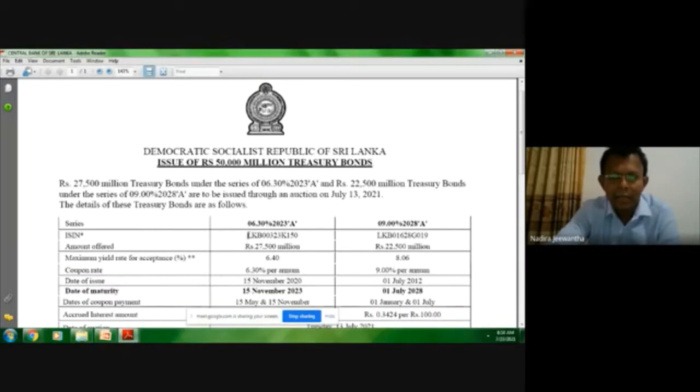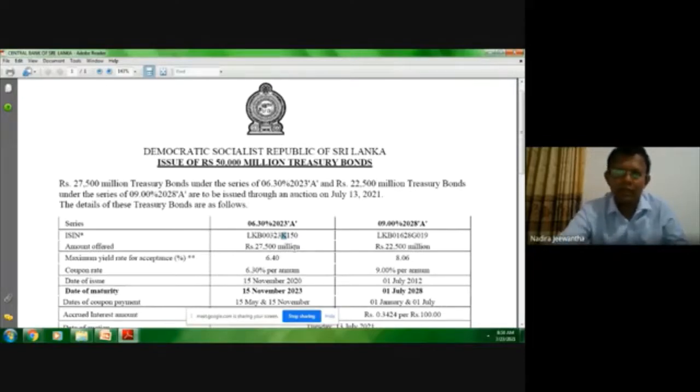Now, the same thing applies to the treasury bond as well. LKB, that we know, if you say B, treasury bond. Treasury bill is LKA. Here also the same. If it is a treasury bond, first you go to this particular instrument, the month of the maturity. You got it? Month of the maturity. Same thing.